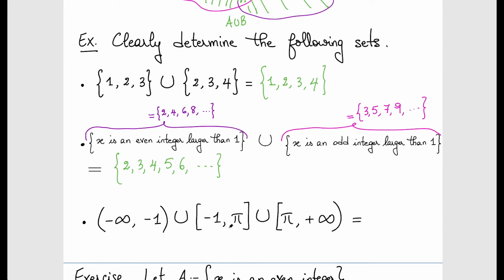Minus 1 is part of the second set, so should it be part of the union if it's not in one of the two, but it's in the other? Yeah, because the union, you just adjoin them, right? If it's not here, it's here. It's certainly a part of the union. And pi is here and also here, so certainly it's in the union.